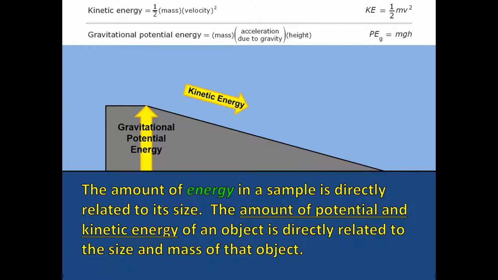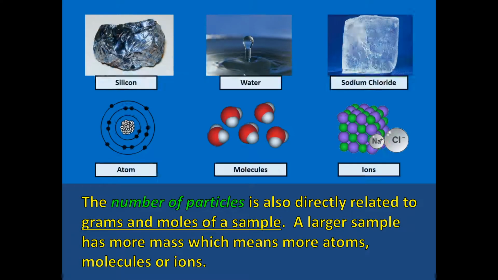I don't think we ever use gravitational potential energy in chemistry, because in most chemical reactions, it doesn't matter if you do it on the surface of the Earth versus the surface of Mars. Gravity doesn't affect it. At least not on a high school level.